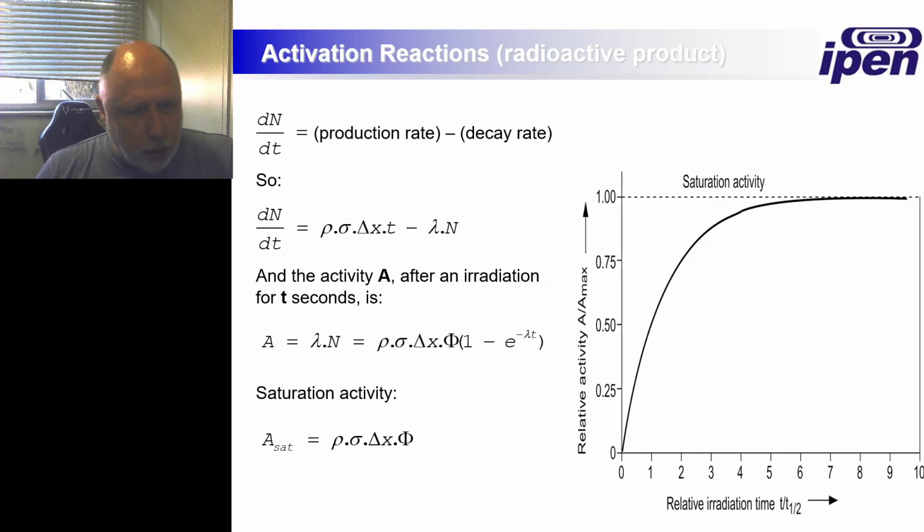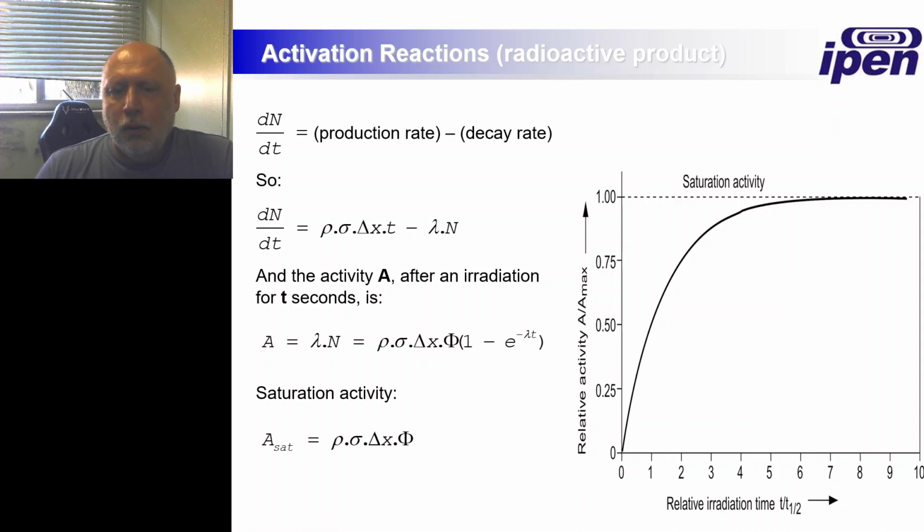If we start to irradiate some sample, just like in secular equilibrium, we have production and we have decay happening. So in the very beginning, it's almost a straight line. It's almost as if we're only producing, there's nothing there to decay, and as time goes on, decay starts to take place. And if we irradiate something for more than 5 half-lives, we don't produce much activity at all.